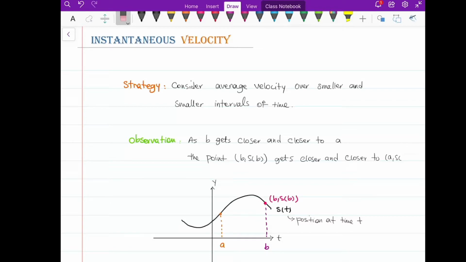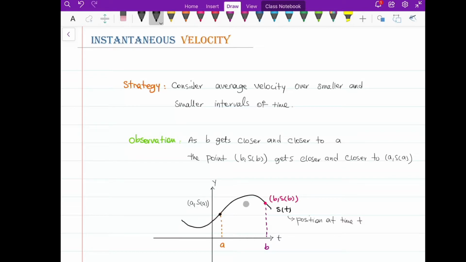Where is the point a and s of a? It is right there. This is the point a and s of a.